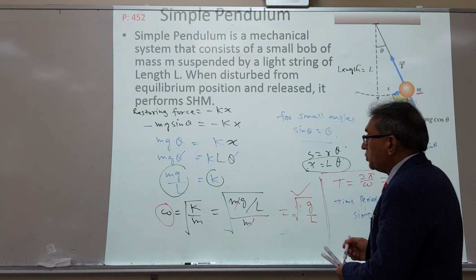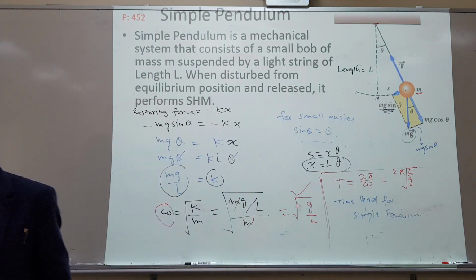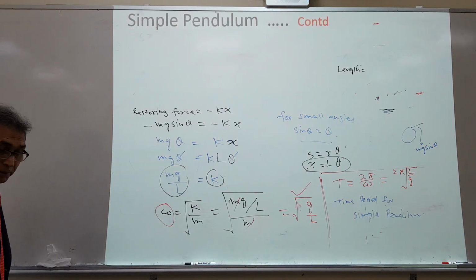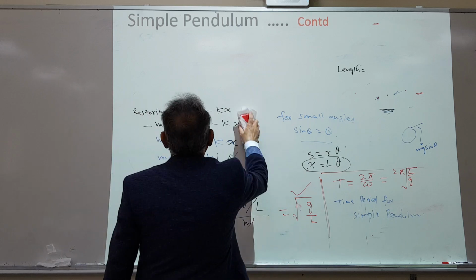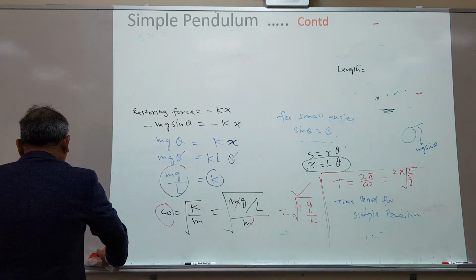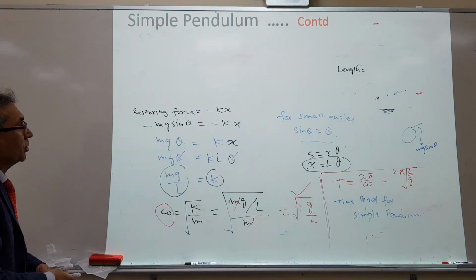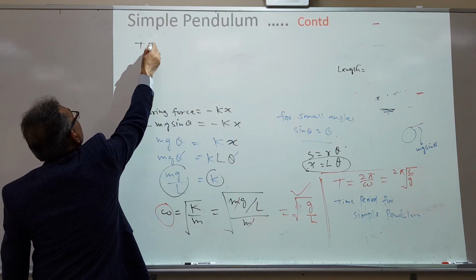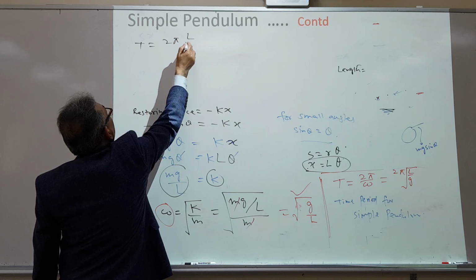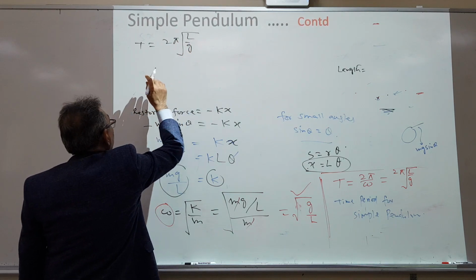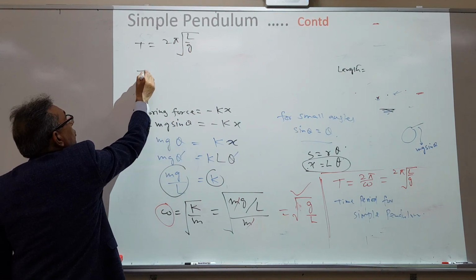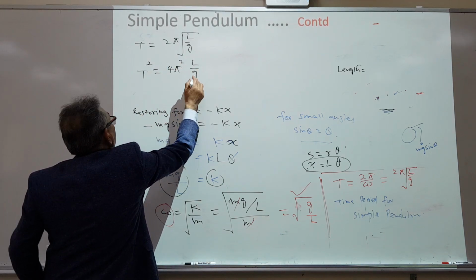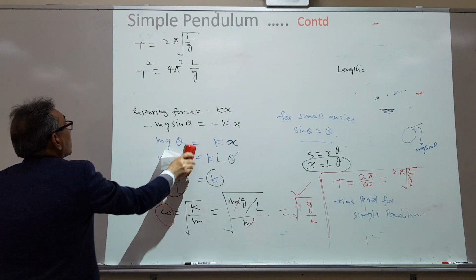By the way, sometimes you'll be asked to find out the acceleration due to gravity g at any location. For example, this is the rule we just finished: T is equal to 2 pi root L over g. You need g now. I am going to square both sides.